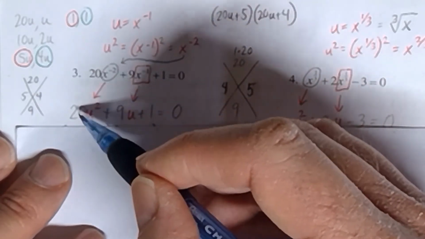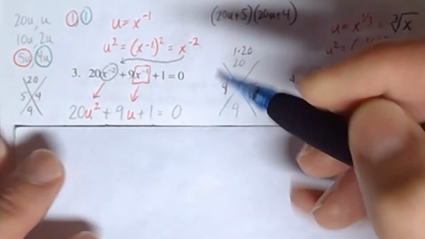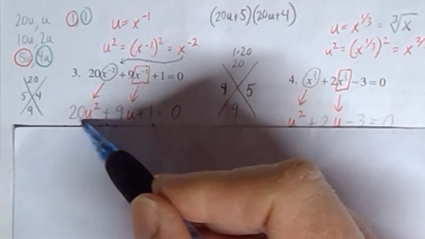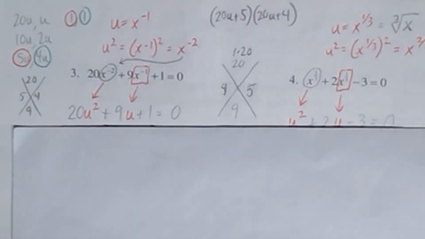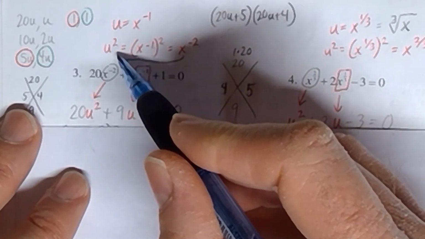And so that's why the 20 still has to be here, the plus 9 has to be here, plus 1 and equals 0, that's all still there. I just want to make sure, because we haven't seen a number in front of the u squared yet. This is the first time. Okay, the 20 is still there, you guys. It is just the x to the negative 2 that was equal to u squared. All right.